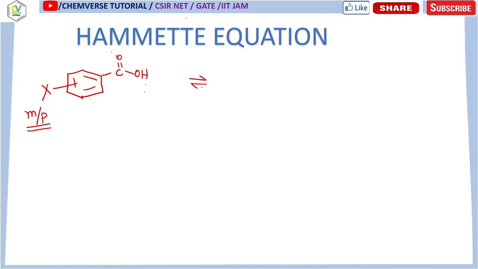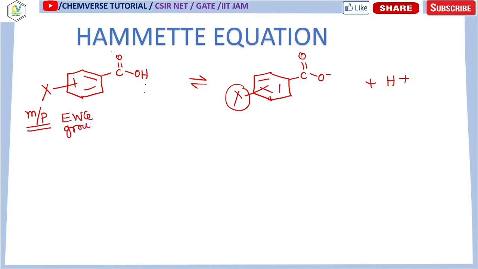Now I am just studying the ionization step, and during the ionization the conjugate base is forming over here, and H plus. Now we can think that this X is an electron withdrawing group, because only in that case this anionic species is to some extent stabilized.